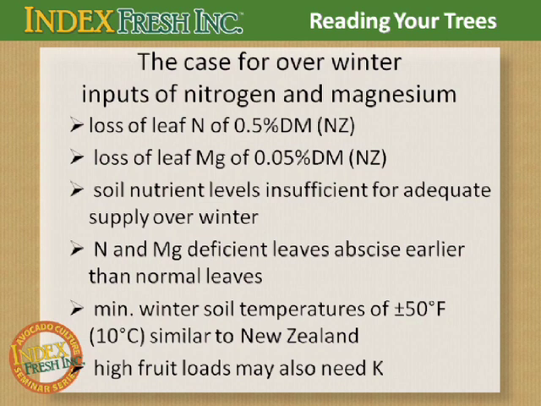We also found that nitrogen and magnesium deficient leaves abscise earlier than normal leaves, and we don't want that. Minimum winter soil temperatures are around 10 degrees, which is similar. We've looked at some of your weather data, and it showed 10 degrees here in California, which is similar to New Zealand. And finally, we are conscious that high fruit loads may require extra potassium.